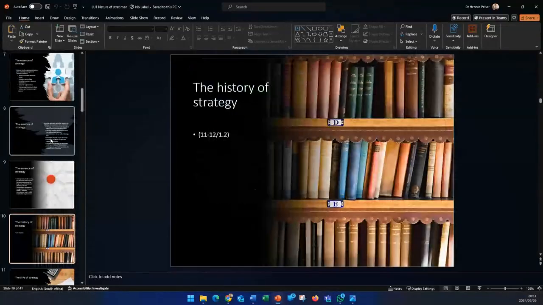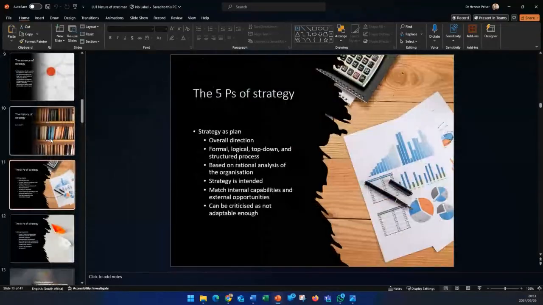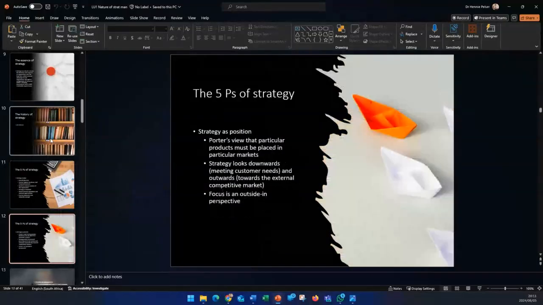So in terms of this, the first one, the 5 Ps, I would know. Please remember to not think of this as the 4 Ps that I've just mentioned. So the 5 Ps: strategy as plan, overall direction. We know that as position, in terms of how you compete in a market, it has to do with Porter's stuff.